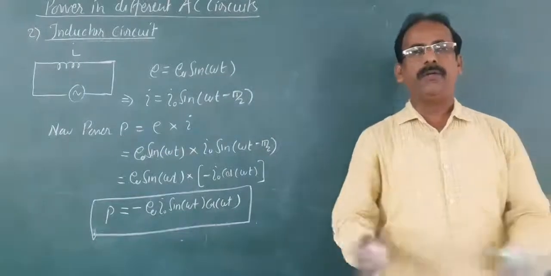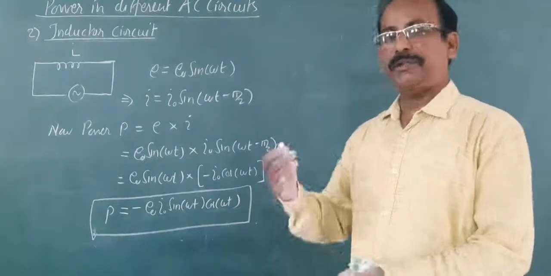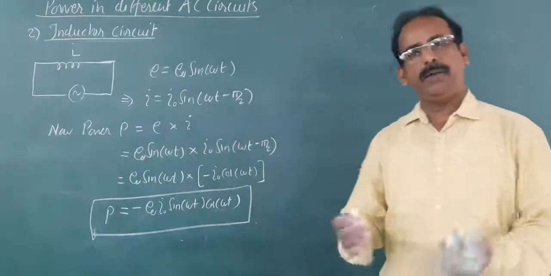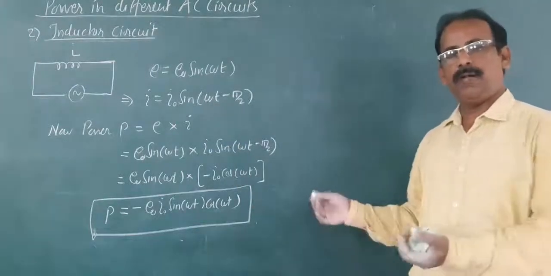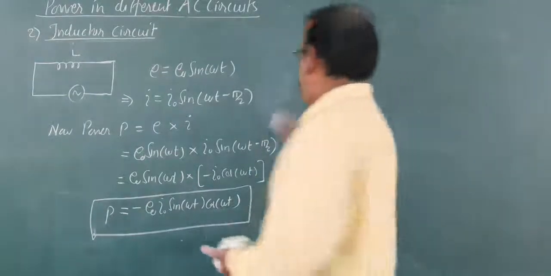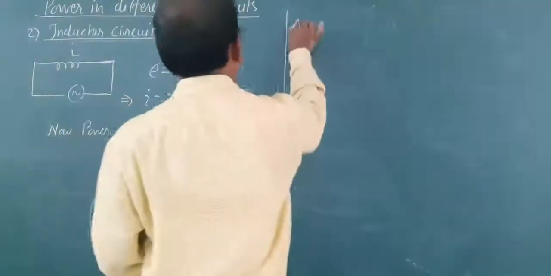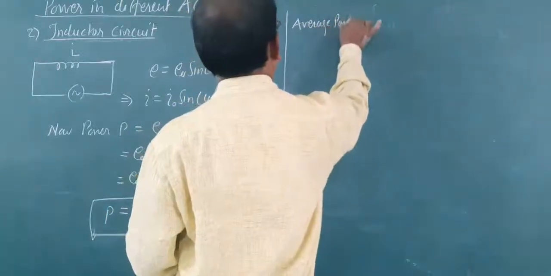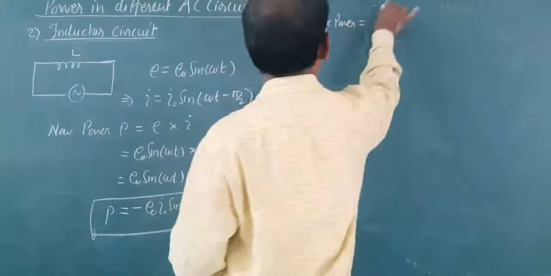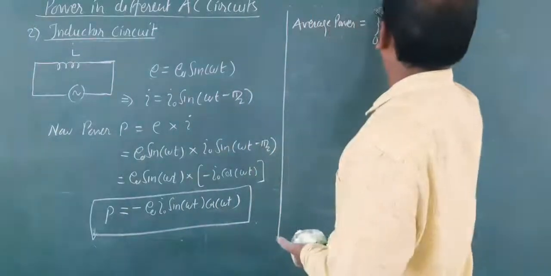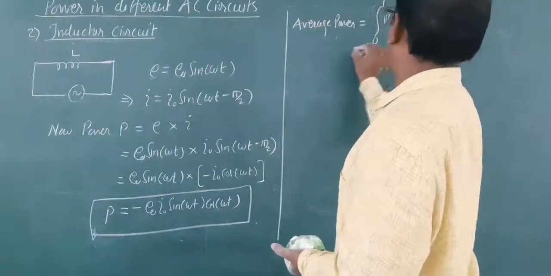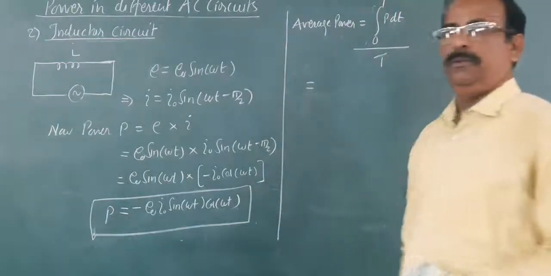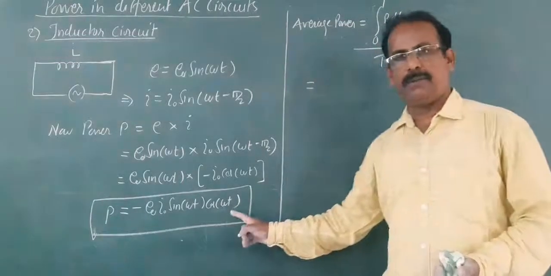Now find out average power in the same manner. We already found average power in the resistor circuit. Use the same method. Average power is given by integration 0 to T of P dt upon T. This is the instantaneous power.